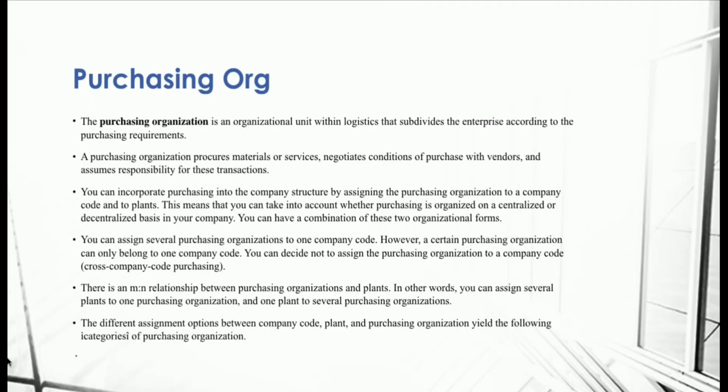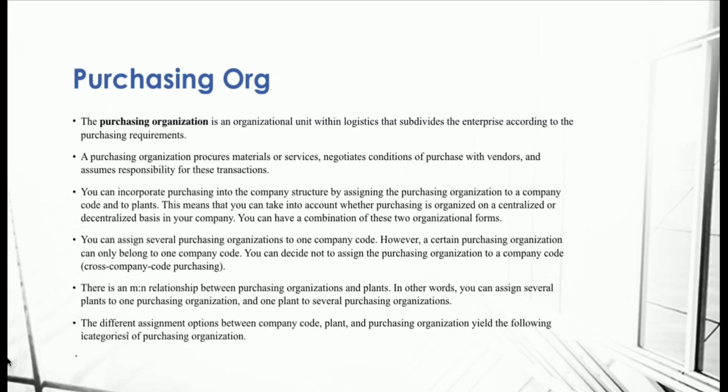You can also decide not to assign the purchasing organization to a company code. If you want to use the same purchasing organization for multiple company codes, you don't need to assign any purchasing org to any company code. You just keep it blank, which means it is applicable for all the company codes.